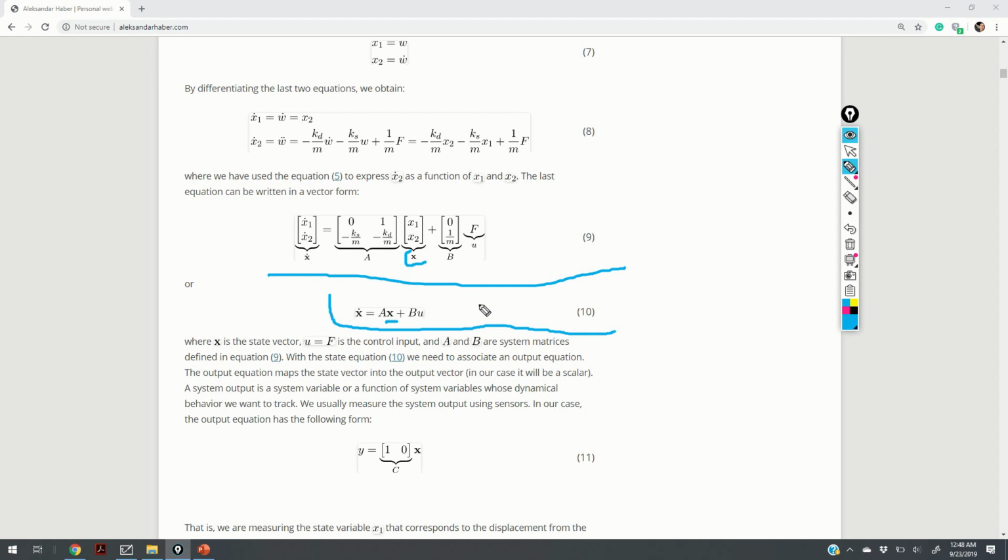And this applies also to the case of the nth order ordinary differential equation. So an nth order ordinary differential equation can be written as a system of n first order differential equations.